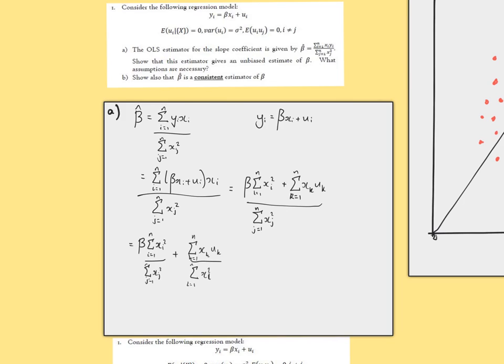Now, obviously, we've got the sum of x squared over the sum of x squared, so that is equal to 1. We end up with beta plus some stuff: the sum of the x u's over the sum of the x squared.